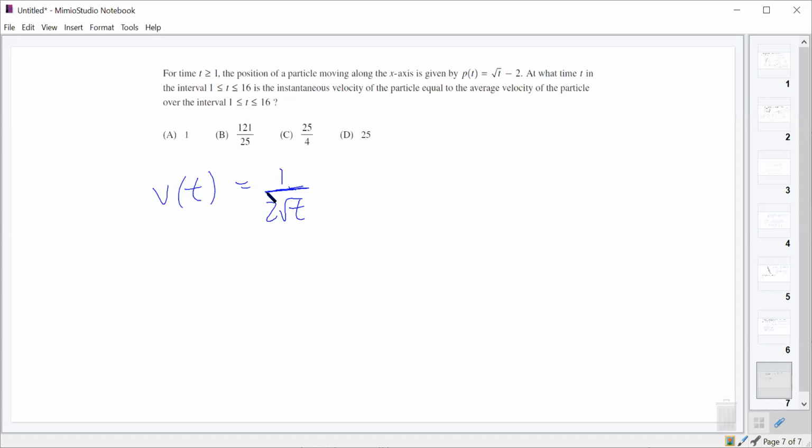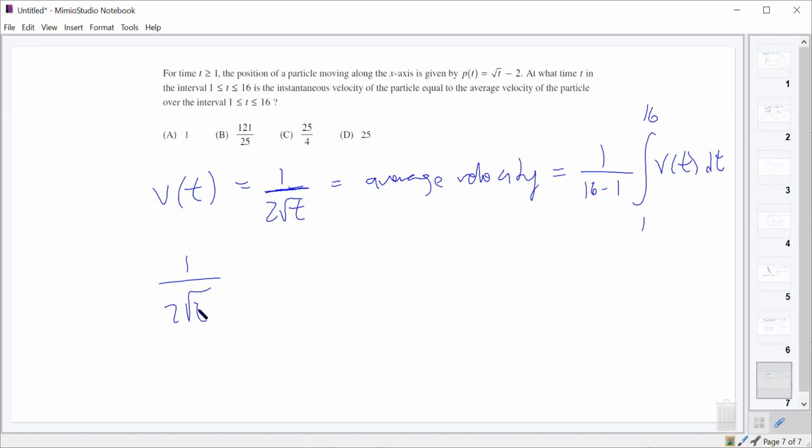So we want to know when that is equal to the average velocity. And what is the average velocity? Well, the average velocity is 1 over b minus a times the integral from a to b of the velocity function. So we want to know when 1 over 2 root t equals 1/15 of the integral of v of t from 1 to 16. Well, what's the integral of v of t?